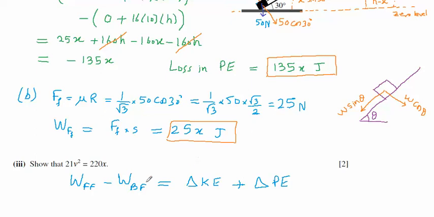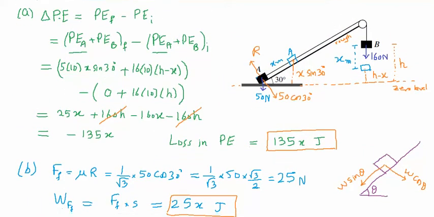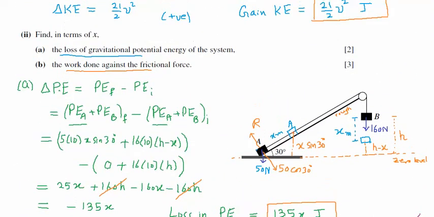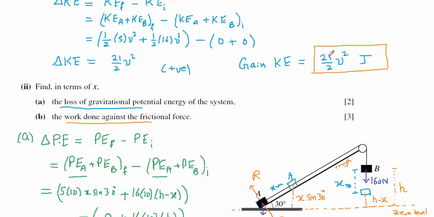Since there is no driving force for both the objects, the work done by the forward force is 0, minus the work done against the backward force, which is the work done against the friction. So this value 25x we'll put here, and this is equal to the change in kinetic energy, which we have found in the first part, 21 over 2 v square.